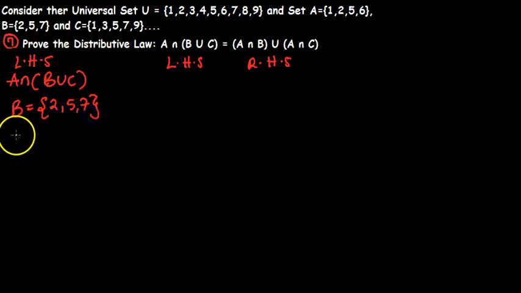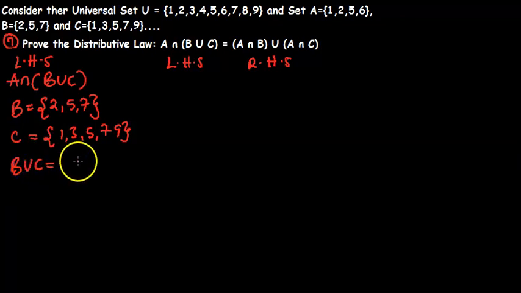The elements of C are 1, 3, 5, 7, and 9. The union of B and C is simply going to be 1, 2, 3, 5, 7, and 9.